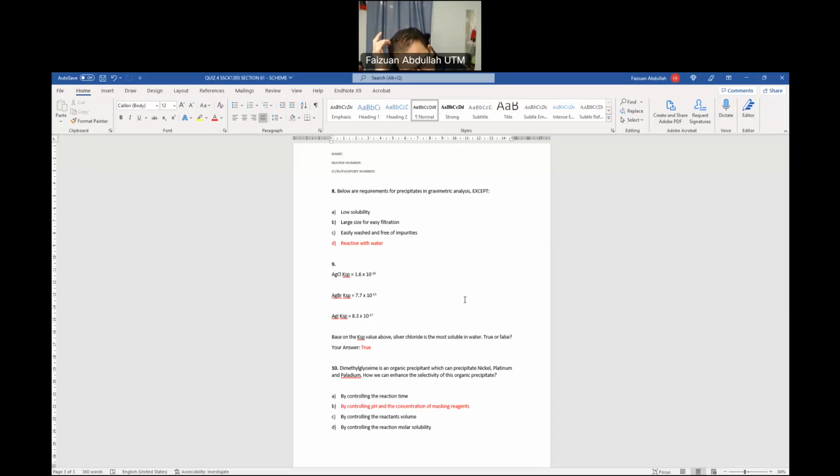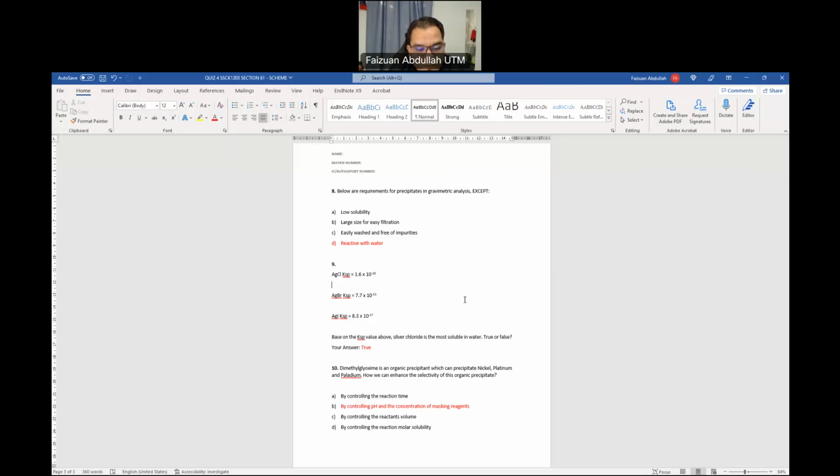So at the Ksp value, it is at equilibrium and starts to precipitate. So the lower the value of Ksp, the easier the compound precipitates, meaning that Q achieves Ksp at a lower concentration.